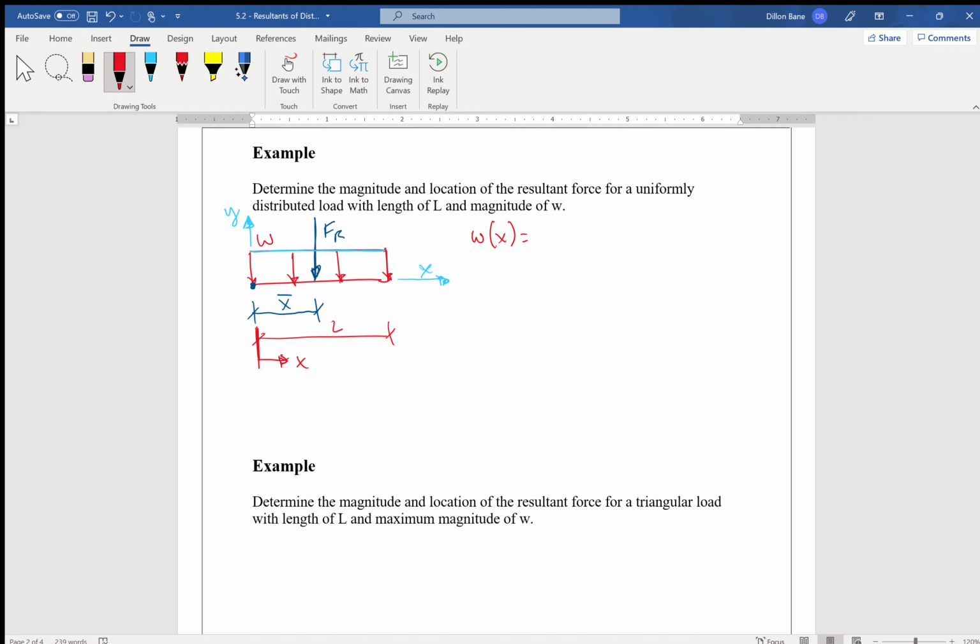This line has no slope, it's completely horizontal. So W of x for this function is just W. No matter what x is, the load is still just W.